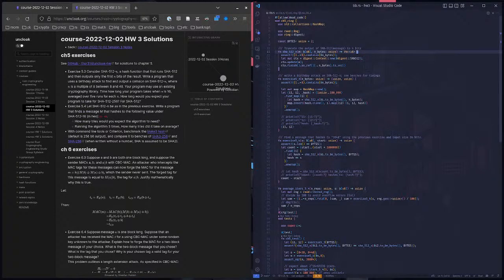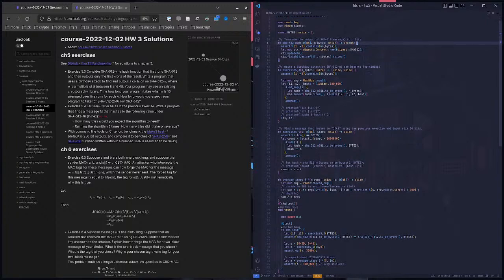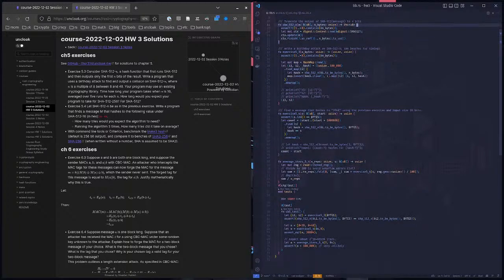The basic idea here was to get some practice thinking about hash function collisions, since that's generally the main thing that we think about when we're thinking about the security of hash functions and whether hash functions are well chosen. So yeah.